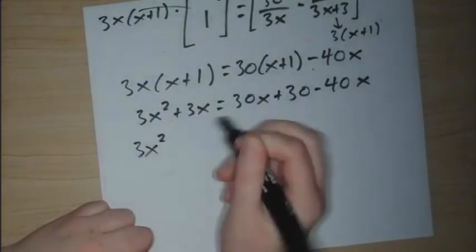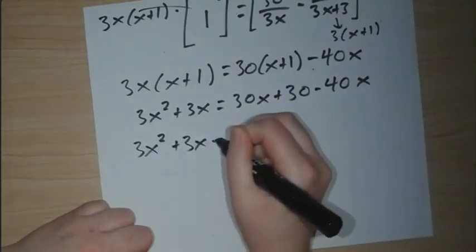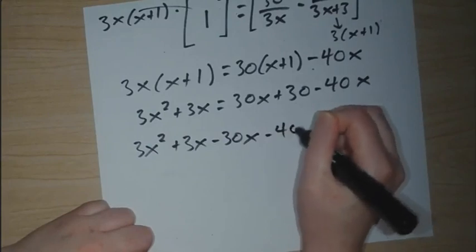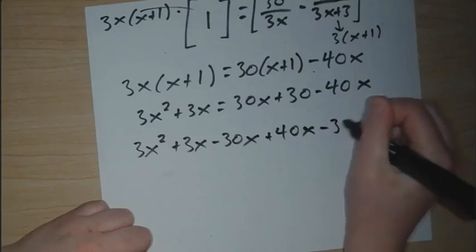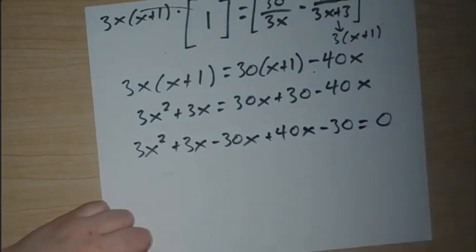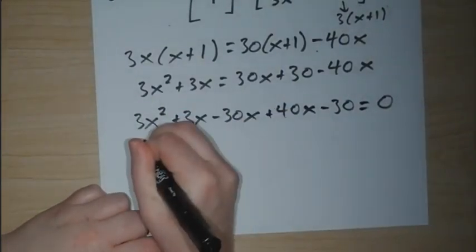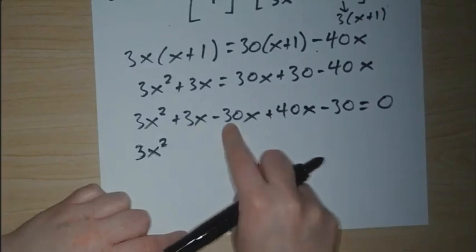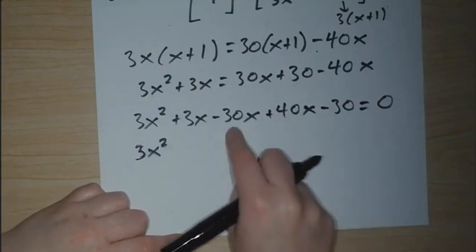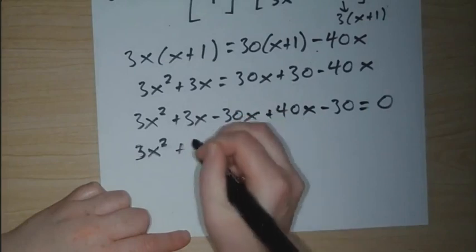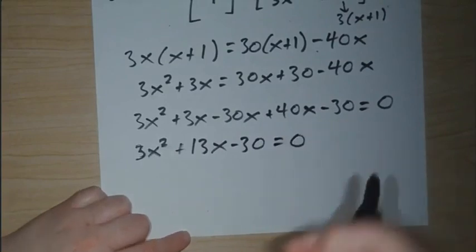So we have 3x squared plus 3x minus 30x plus 40x, since we're moving it over, and minus 30 is equal to 0. So we have 3x squared. We have positive 3x minus 30x plus 40x. Well, 40x minus 30x is 10x plus 3x is 13x. And we just have this negative 30 here is equal to 0.